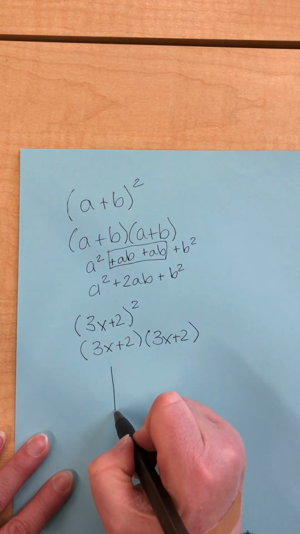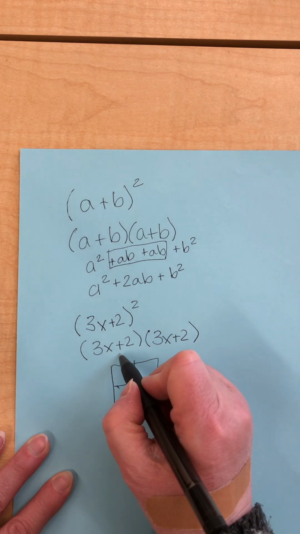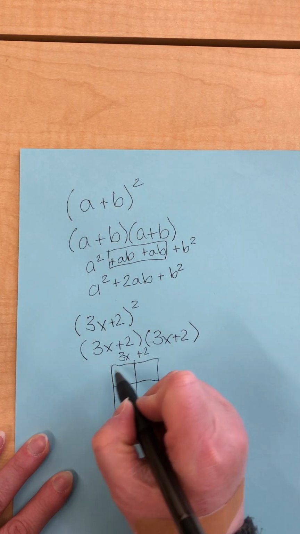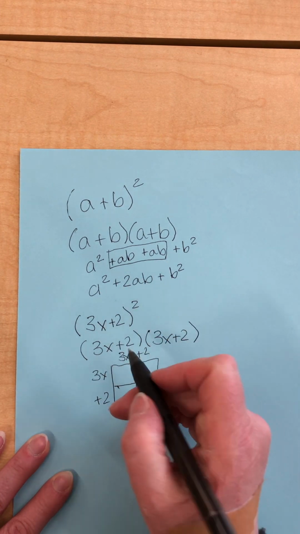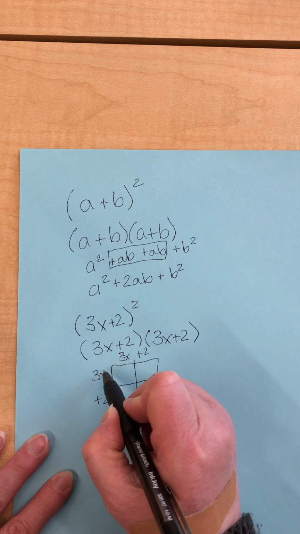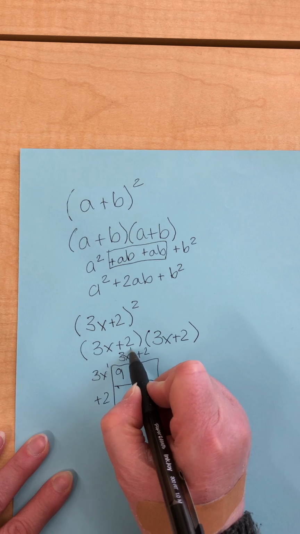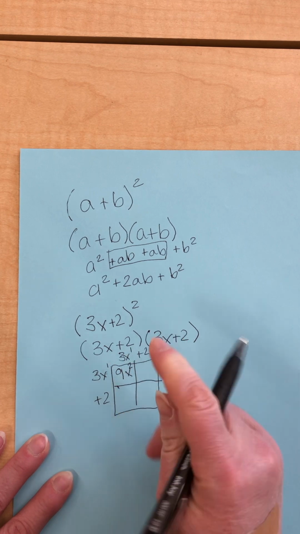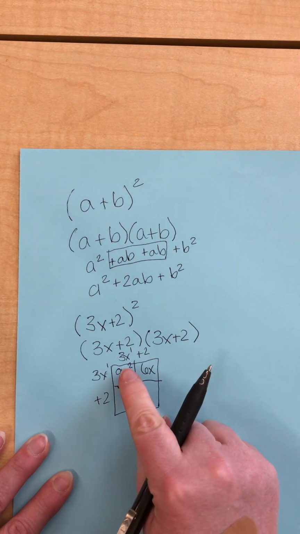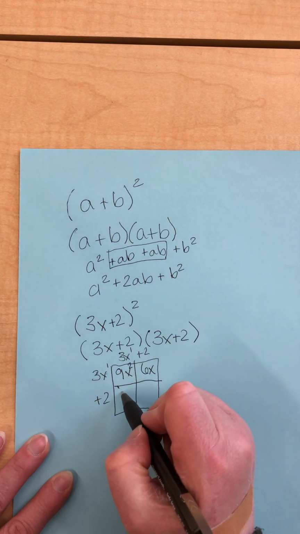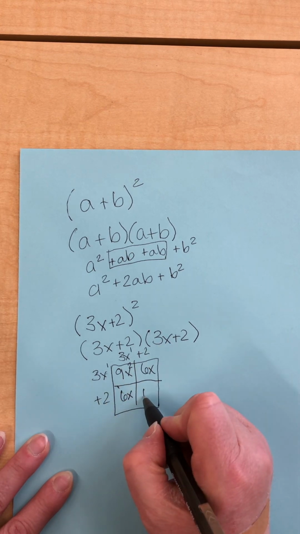Or if you wanted to do the Punnett square, you have 3x and a positive 2 along each side, or you could do the FOIL method like we did up here. 3x times 3x: 3 times 3 is 9, and x times x is x squared. Then 2 times 3x is 6x. Then 3x times 2 is another 6x. And then 2 times 2 is positive 4.